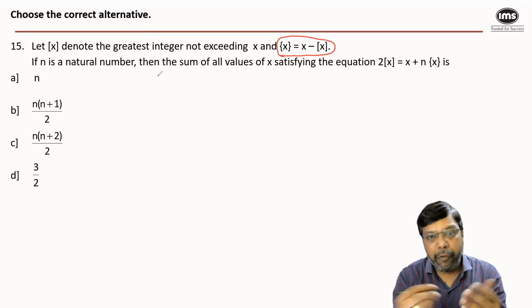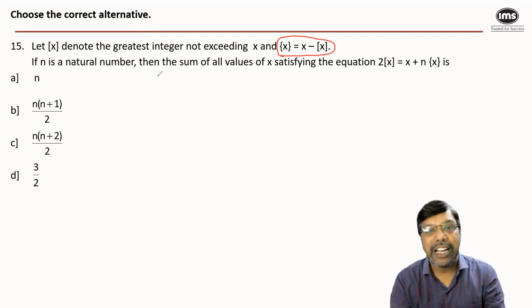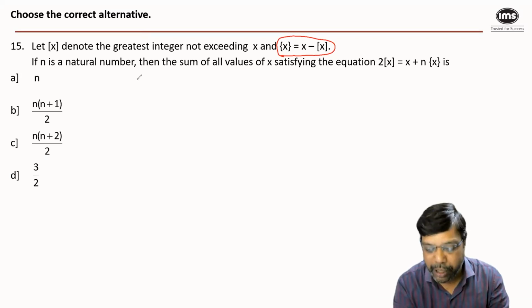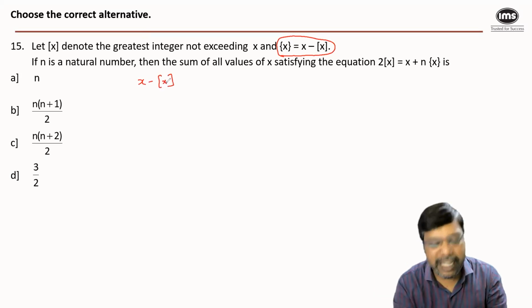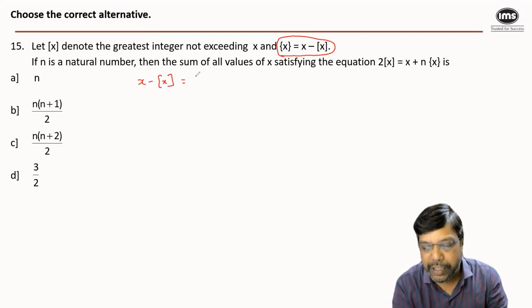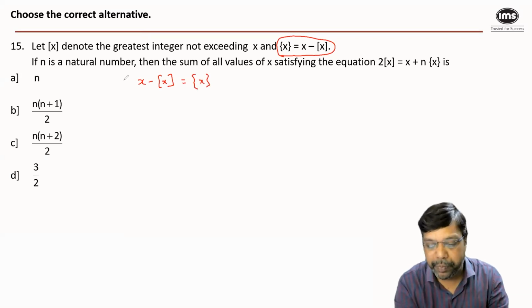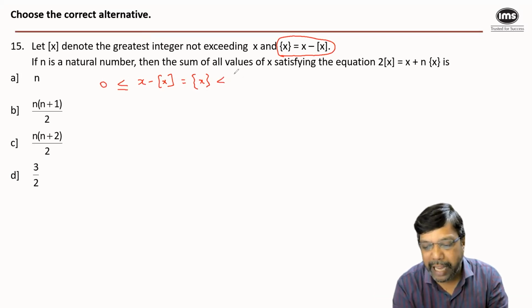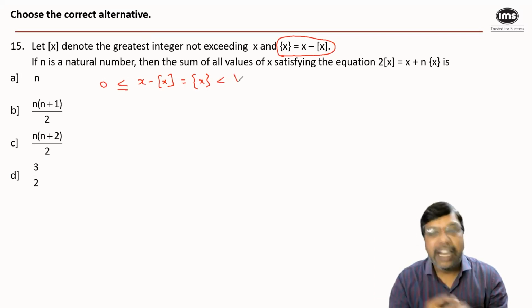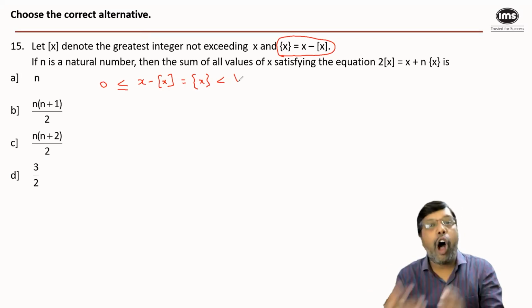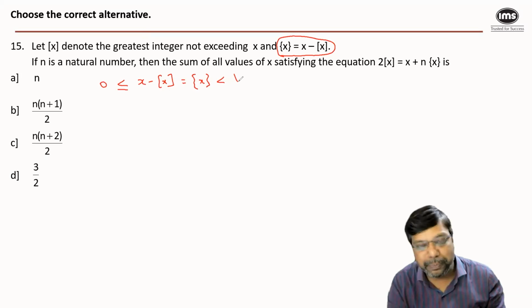Now, if you understand the concept of the greatest integer function, you know that x minus [x], which is equal to the fractional value of x, starts from 0 and is less than 1. x minus [x] will be either 0 or a value less than 1.